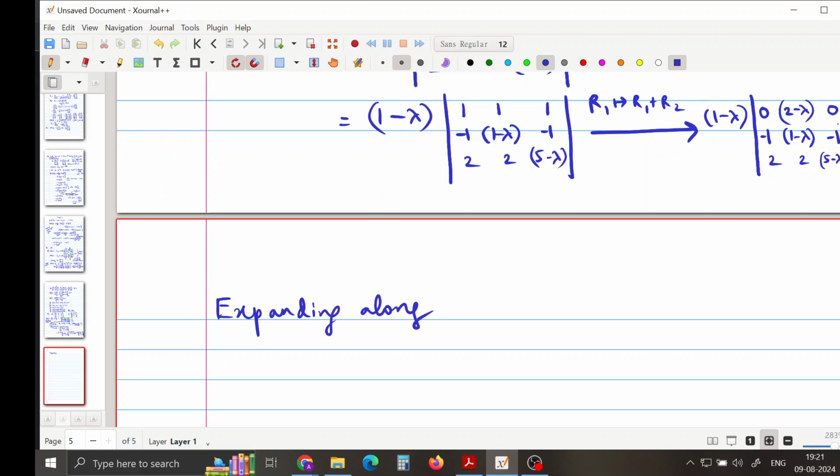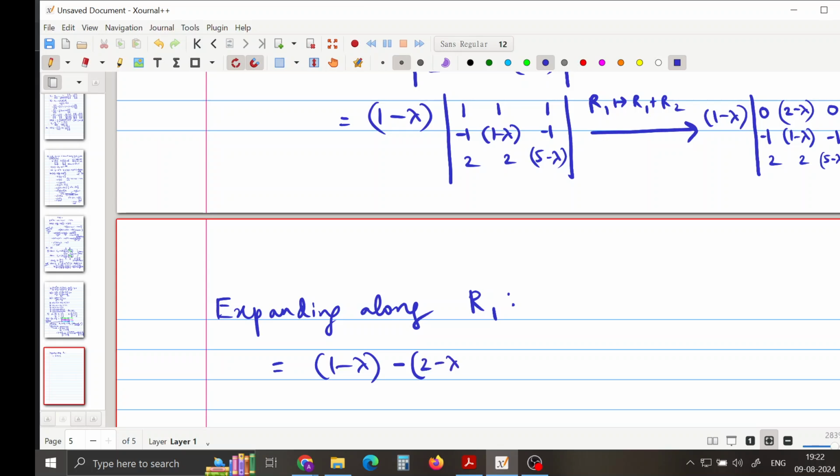You can expand along the first row, R1, because it has two zeros. This constant factor is already sitting outside. So 0 times whatever is 0, and for the element 2 minus lambda there will be a factor of minus 1 to the power 1 plus 2, because it is the 1 comma 2th entry, which is negative.